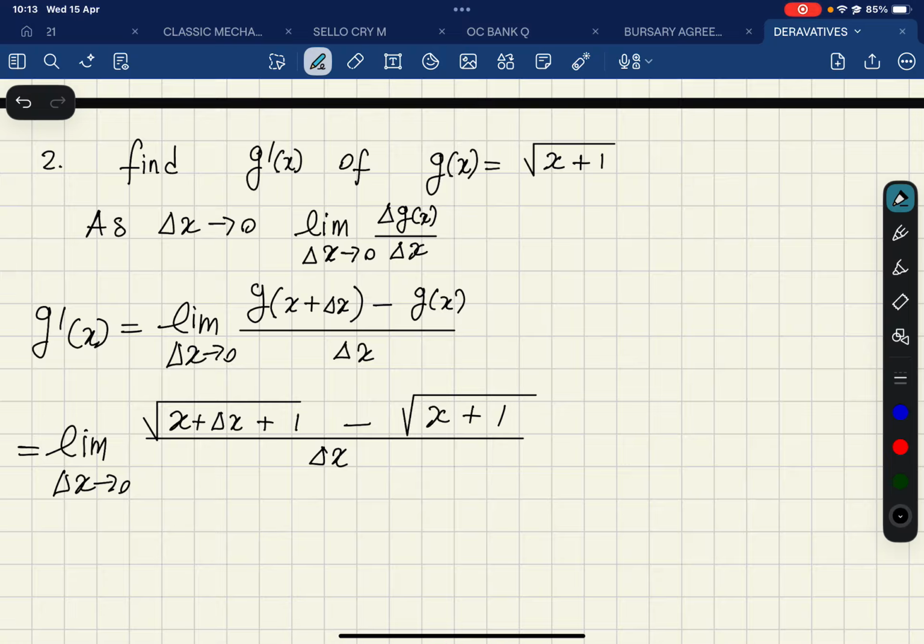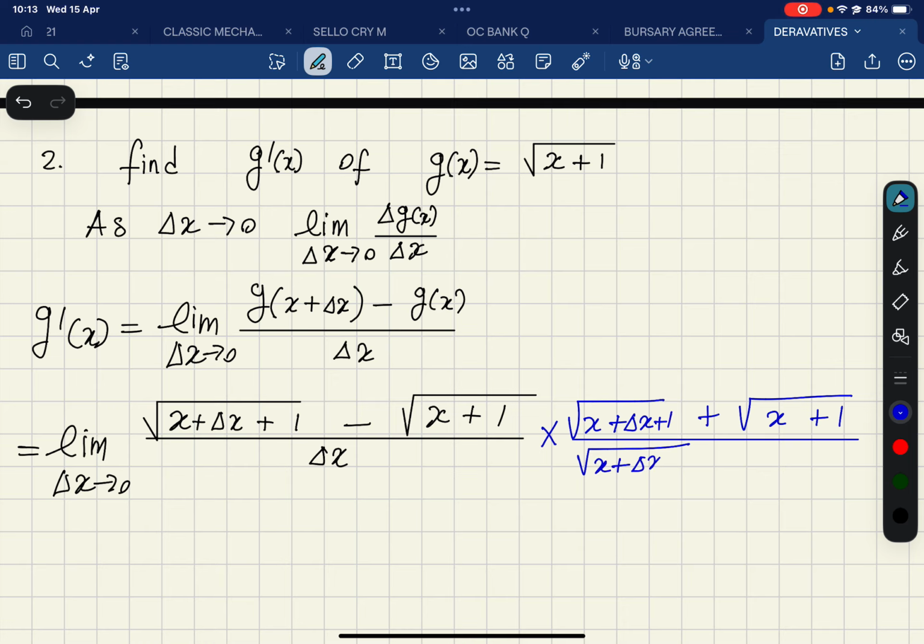From there, another thing that we can do is to rationalize that thing. When you rationalize, you are going to get the square root of x plus change in x plus 1 plus the square root of x plus 1, all divided by the square root of x plus change in x plus 1 plus the square root of x plus 1.